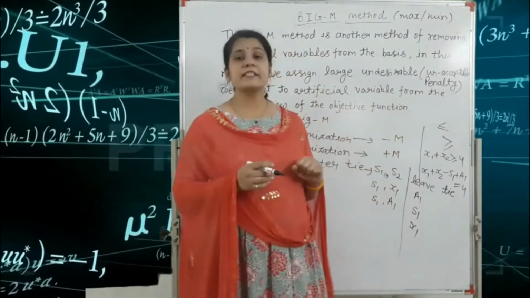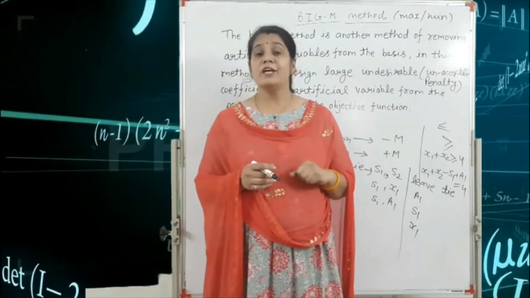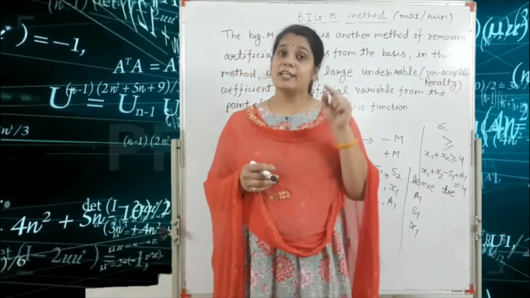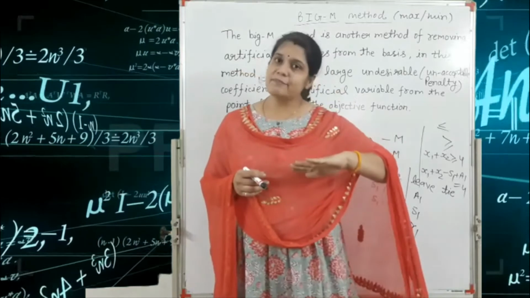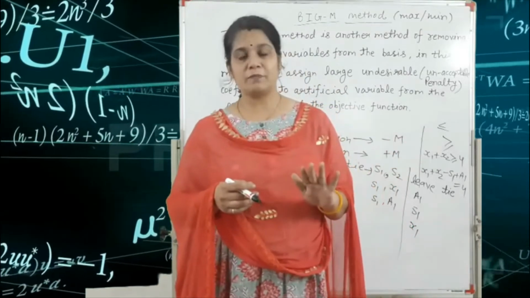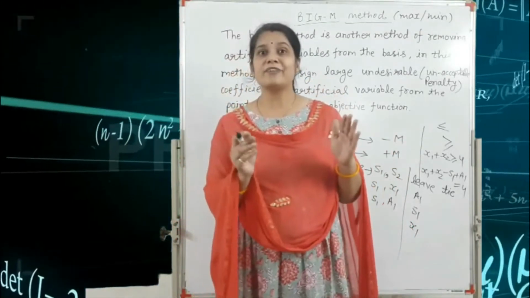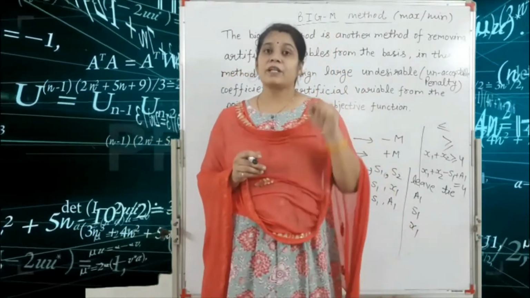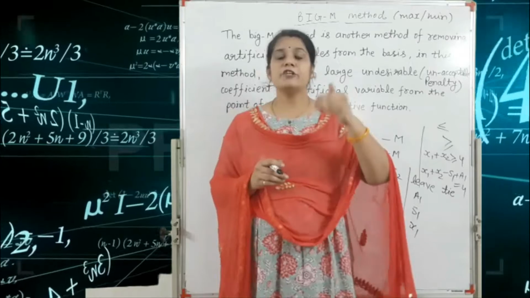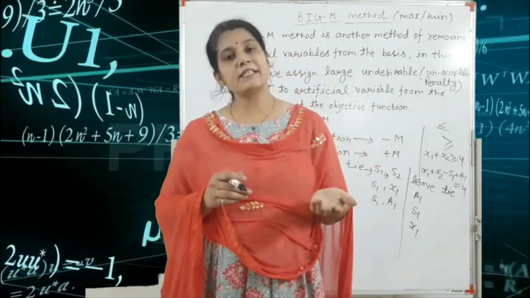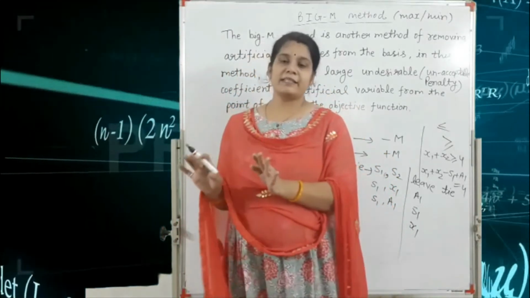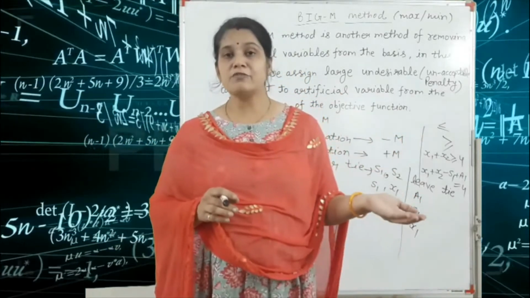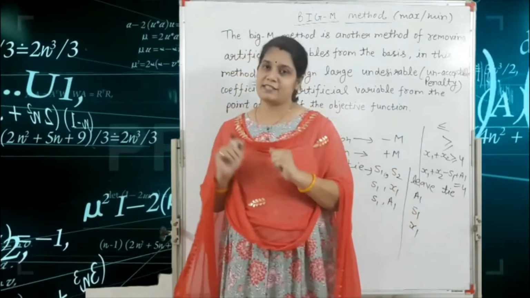Okay, next method is the two-phase method. According to the two-phase method, your question can be given in maximization and minimization both. So what is the difference between the Big M method and the two-phase method? In the Big M method, if your question is given in maximization form, you solve it in maximization format. If it is given in minimization form, you solve it by the minimization process.